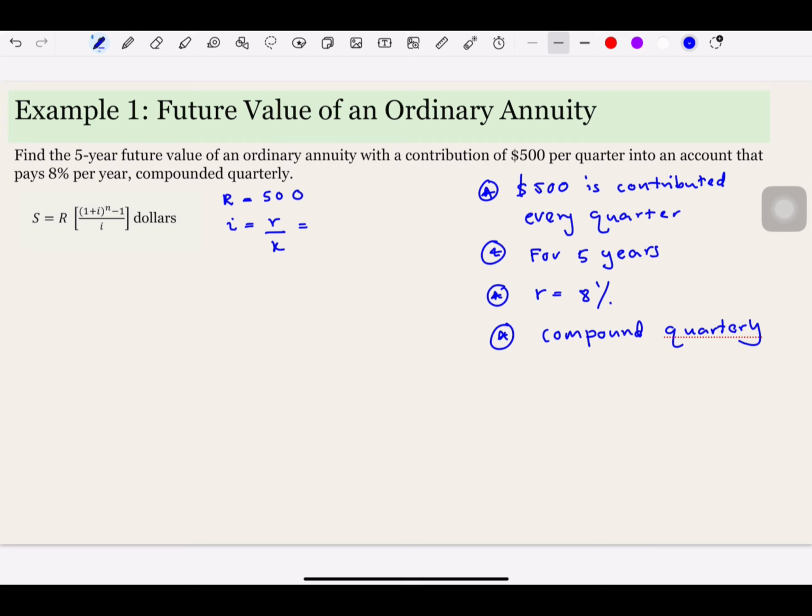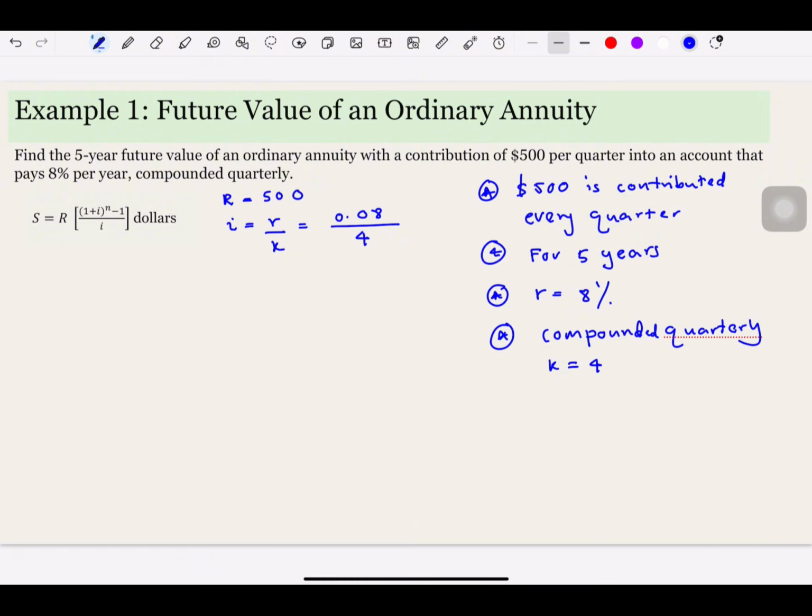In this problem, r is the 8%, and usually you have to write your r in decimal, that is the annual interest rate. So this number is 0.08 divided by k, and here k is 4 because this is compounded quarterly.